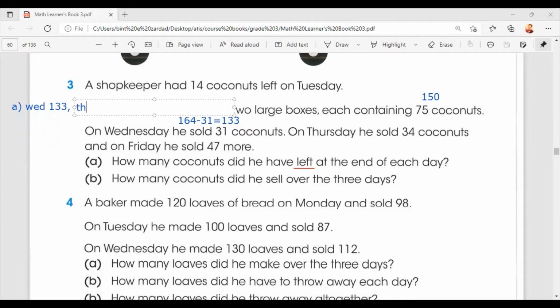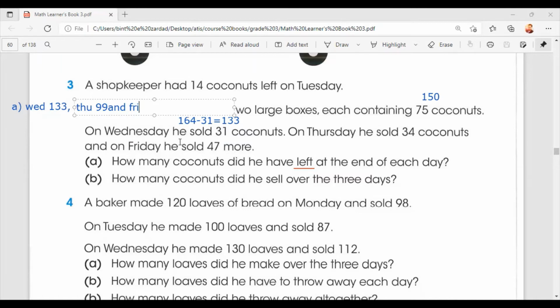So on Thursday, the remaining coconuts are 99. And after Thursday, on the third day, Friday, let us solve it.